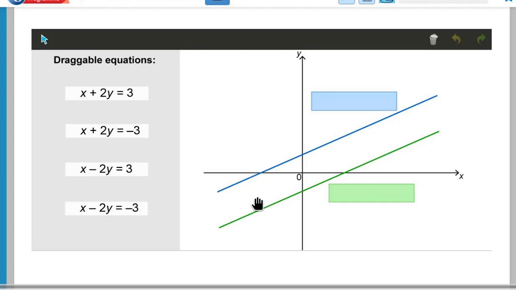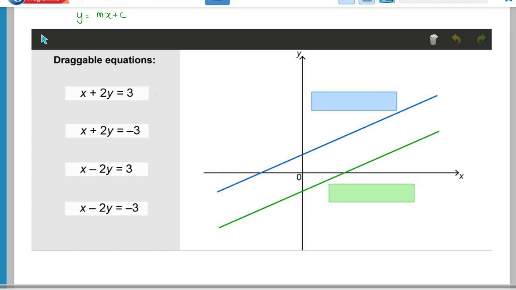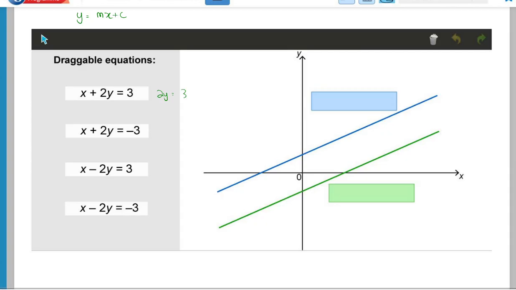This is something new. Well, it shouldn't be. First things first, we should try our best to convert these equations into the form y equals mx plus c. So we can write the first equation as 2y equals 3 minus x and y equals minus 1 over 2x plus 3 over 2.